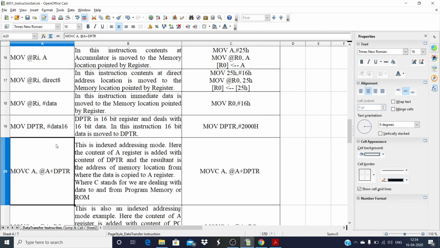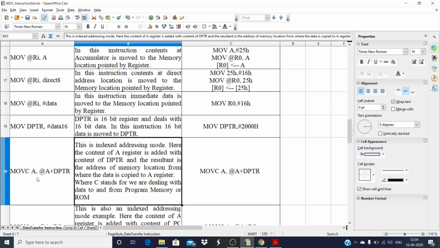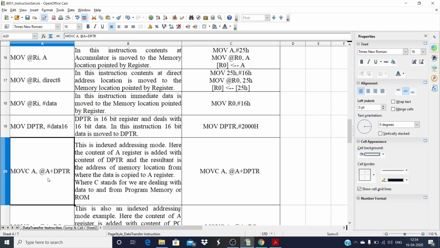Next instruction, MOVC A, @A+DPTR. Until now we have seen only MOV, this is a little bit different, which is MOVC. So what is this MOVC? First of all, this instruction is of index addressing mode.